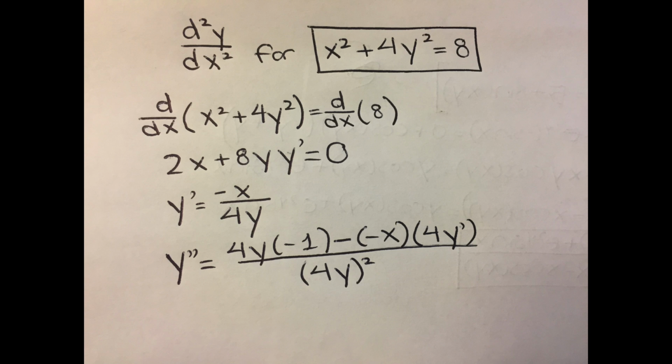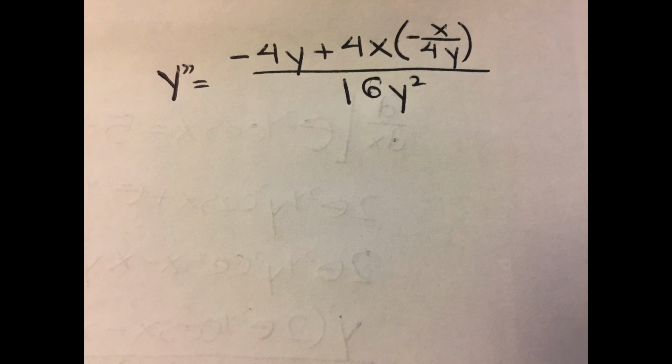Since you have already found y prime equals negative x over 4y, simply substitute in negative x over 4y for y prime, and your newer equation should become y double prime equals negative 4y plus 4x times negative x over 4y divided by 16y squared.